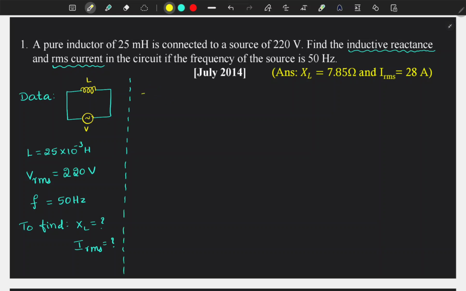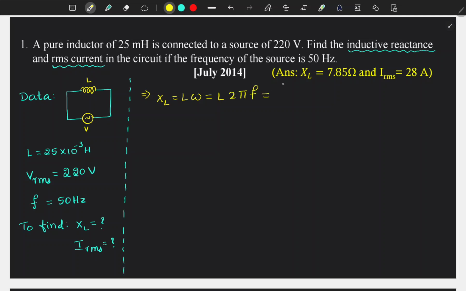So now let us find inductive reactance first. XL is equal to L omega is the formula for inductive reactance, that is equal to L into omega is 2 pi f.